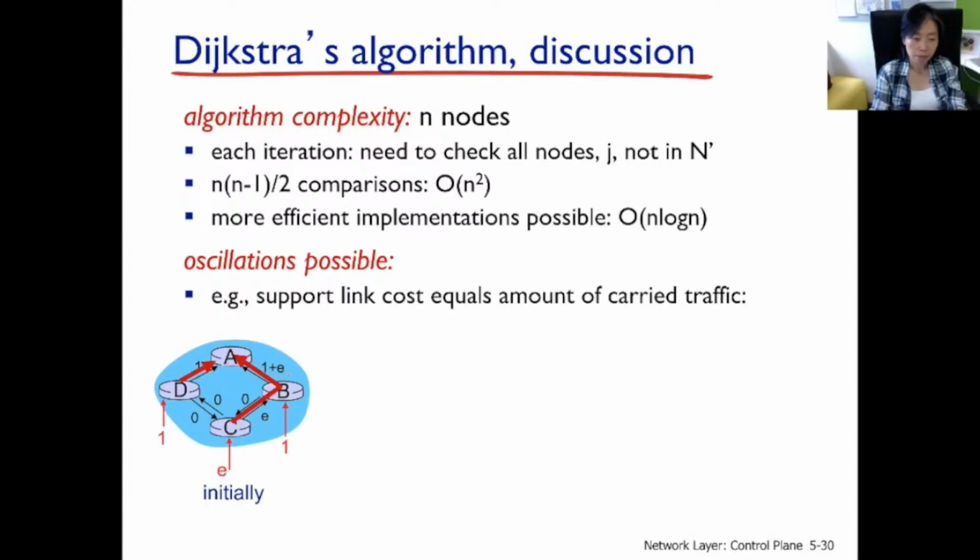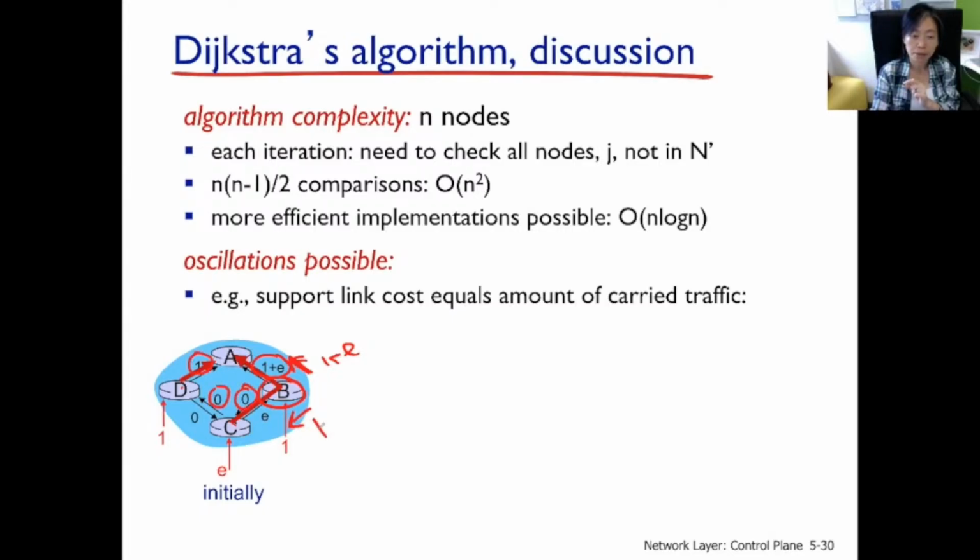So let's see. B here, we'll see two possible paths to go to A, right? One is to go counterclockwise to A, the other clockwise to A. So this direction here, the cost is what? 1 plus E, because there's only one link and the link cost is 1 plus E. If we take this other path, B, C, D, A, the path cost is the sum of the link costs, 0 plus 0 plus 1.